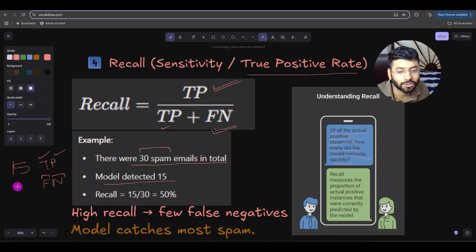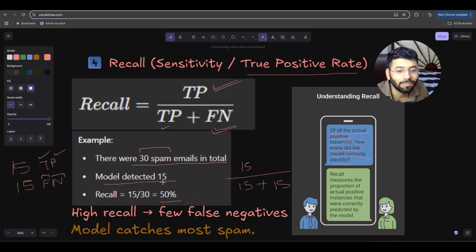So false negative is also 15, which is 30 minus 15. So what will be your recall rate? It will be 15 as your true positive, plus false negative, which is 15 here. So 15 by 30, so it's only 50%.